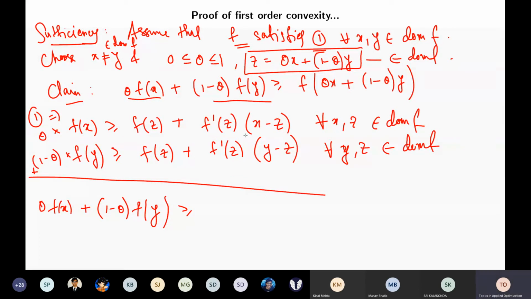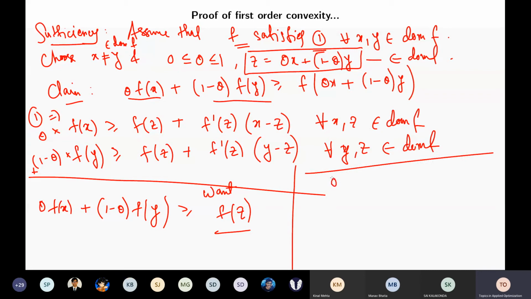Remember what we want here is f(z). So somehow things should get cancelled. That's what I'm trying to say. Let's see. I'm multiplying the first one by theta, and then the second one. Let us work out, does it really cancel?